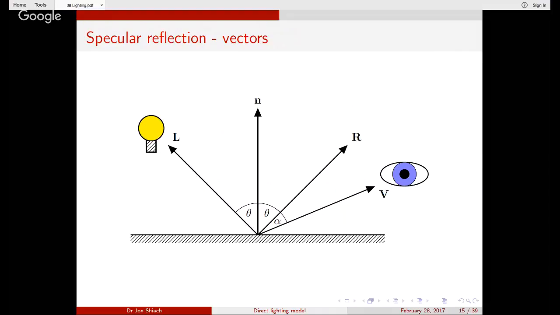The closer the viewing vector is to R, the smaller the angle alpha is, and the more of the reflection you're going to see. The further away the viewing vector is, the larger the angle alpha, the less of those reflected rays you're going to see.